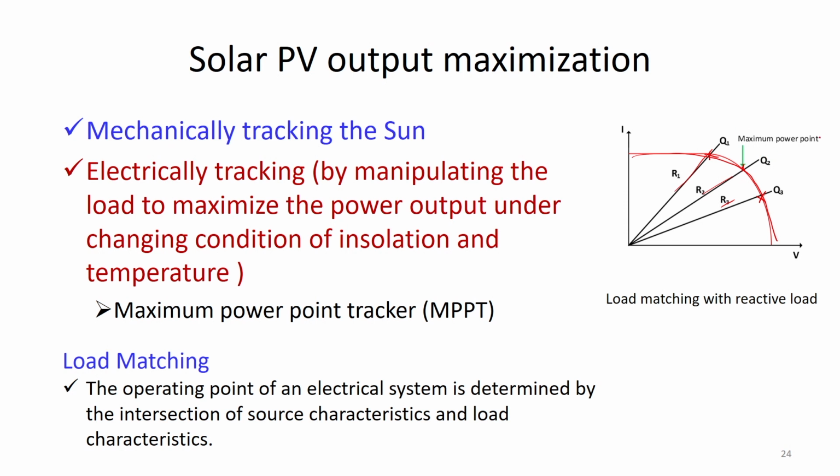If we can match them properly, or you can see these three systems, this will operate at the maximum power point. That means we can utilize the power very effectively. So, by doing some load matching, we can have access to the maximum power point.